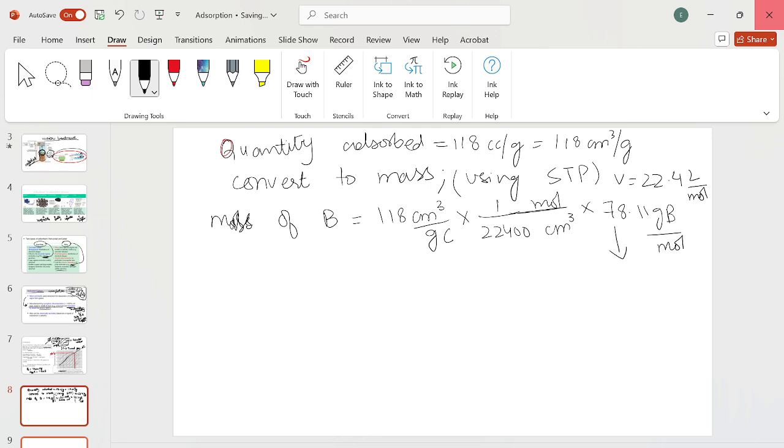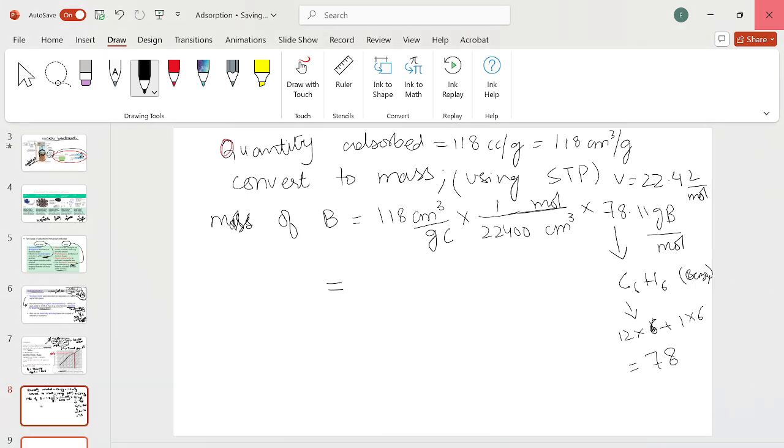Do you want to know where this term comes from? We know that C6H6 is benzene, and here 12 into 6 plus 1 into 6, so it is 78.